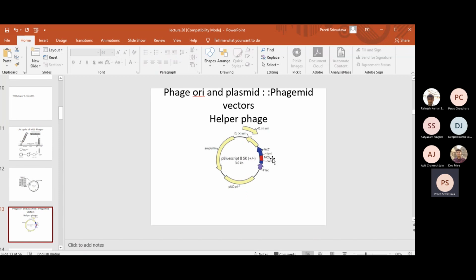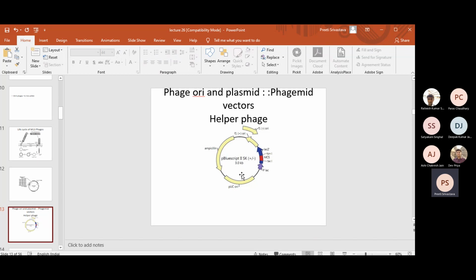This cloning can be done in a plasmid, because this is a plasmid, and in a bacterial cell, and now the class knows how to do the cloning, correct? You can perform restriction digestion, you can digest the PCR amplicon as well, and you can clone it, right? Once you have obtained this clone, you can infect this cell with M13 phage.